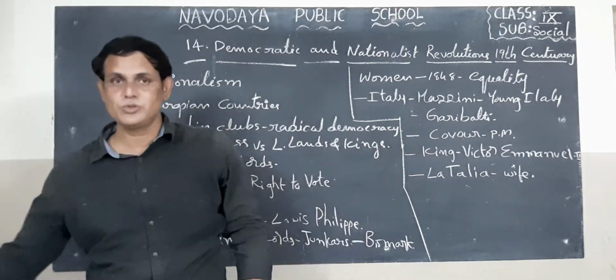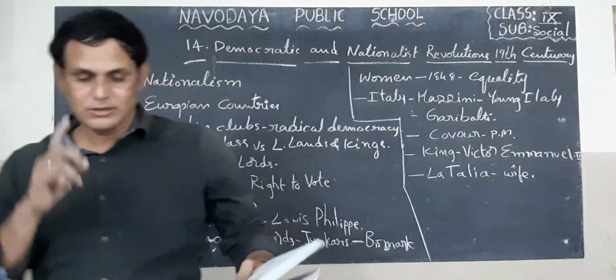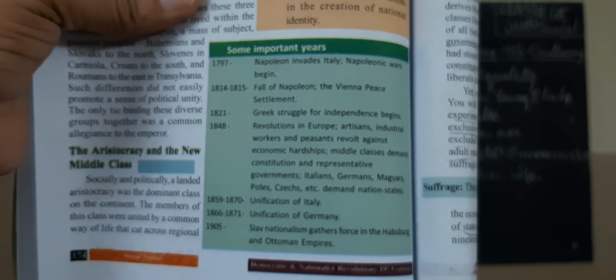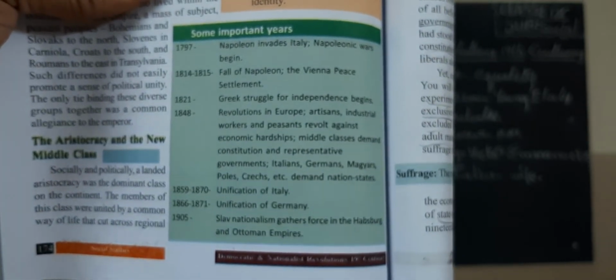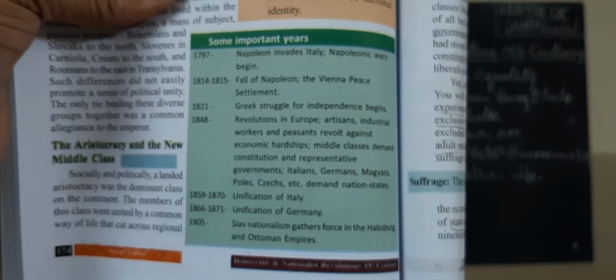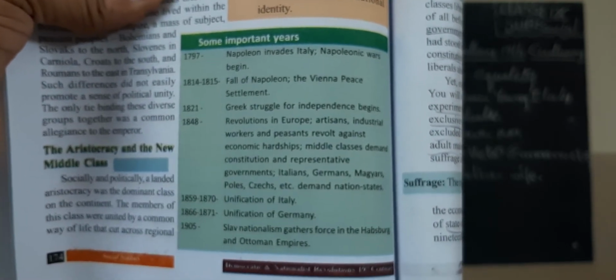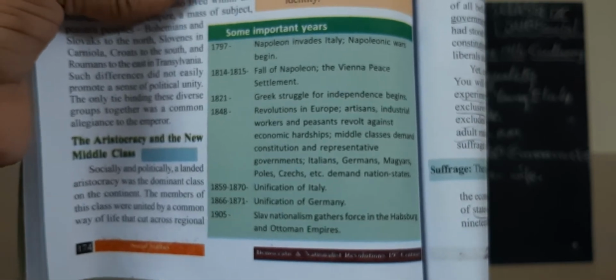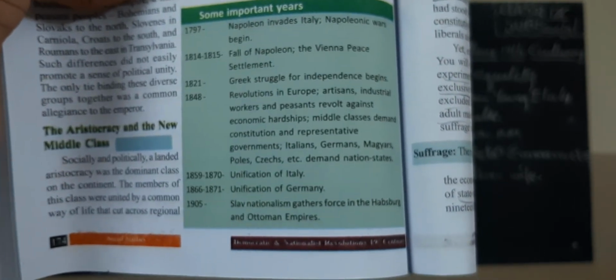Now children, I want to show you one timeline here. Come to the textbook, turn your pages, page number 174 in this lesson. Now look at it, I will read some important years in this lesson. 1797, Napoleon invades Italy. Napoleonic Wars begin. Between 1814 and 1815, fall of Napoleon, the Vienna peace settlement occurred. 1821, what happened?